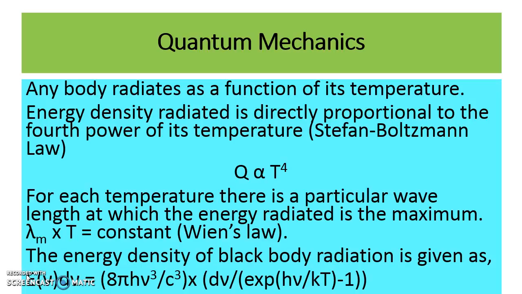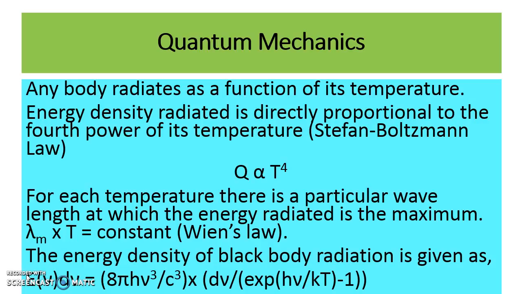So it is very easy to understand that a Gaussian curve has a maximum, and it is this maximum which is being referred to as lambda max.